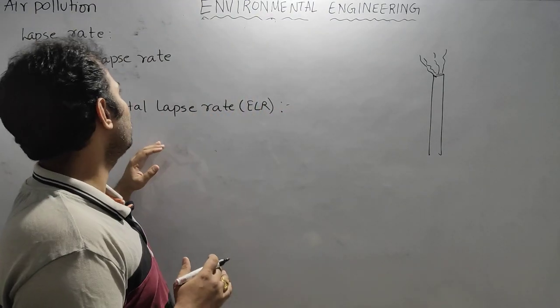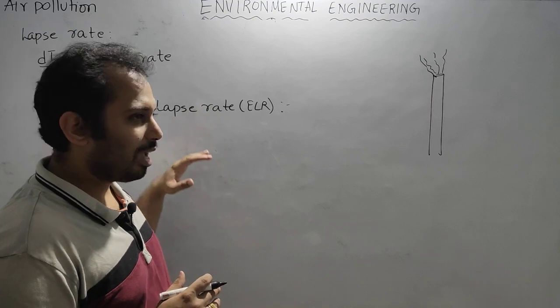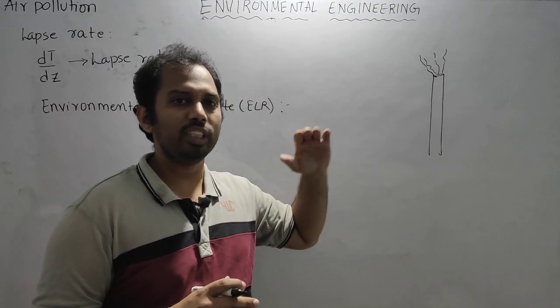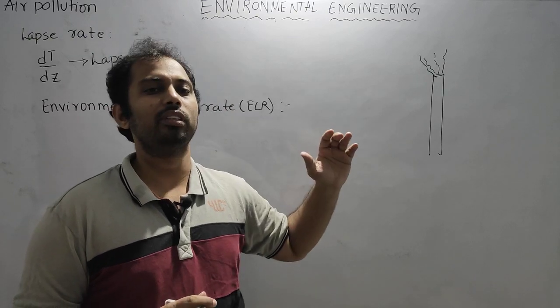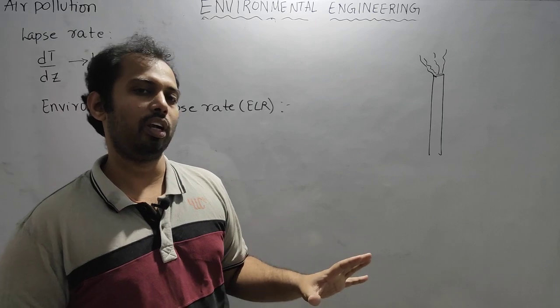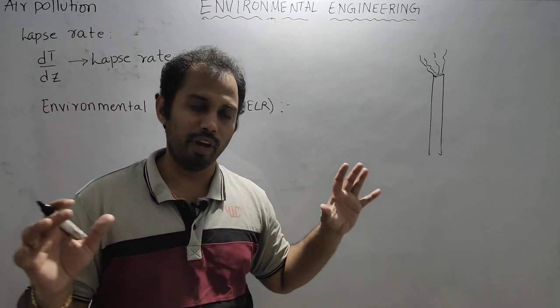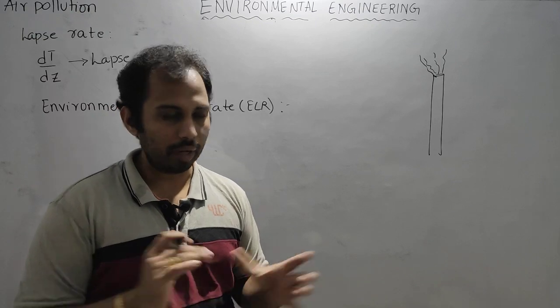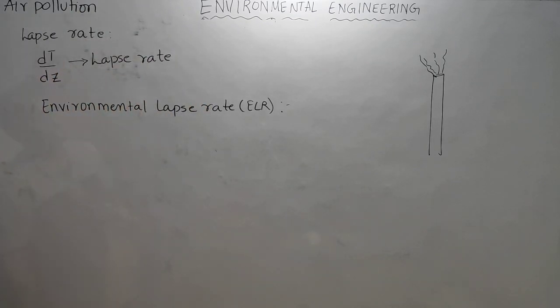The environmental lapse rate and adiabatic lapse rate completely deal with how to disperse the pollutant safely into the environment without affecting human and plant life and other things associated with it.